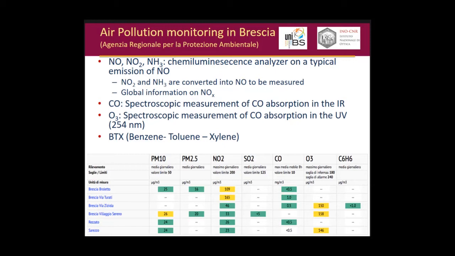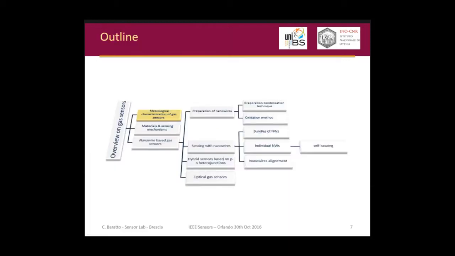Even if this type of sensor, the metal oxide gas sensor, cannot give the same level of detection as the bulky ones, they can be produced in large numbers and put in different places around the city to monitor.